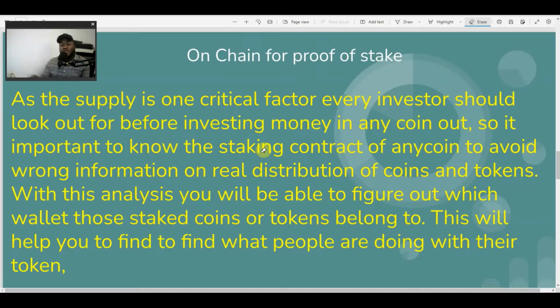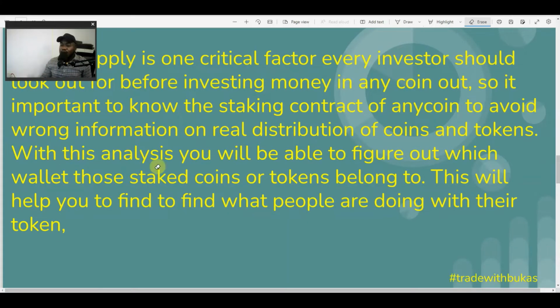So that is why this type of analysis is good, for you to know how many percent is staked, and for how long, or are they still staking it, have they unstaked it or not. You understand? With this analysis, you will be able to figure out which wallet those staked coins or tokens belong to.